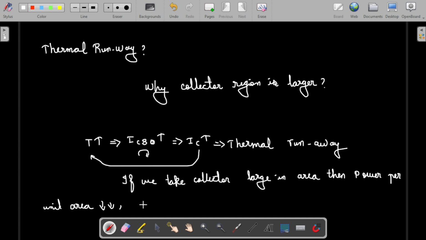So we can reduce some of the heating and prevent the transistor from thermal runaway. Thermal runaway is a critical, worst process that will make the transistor die, so we need to avoid that. In order to do that, we usually have a larger collector area. So this is thermal runaway.